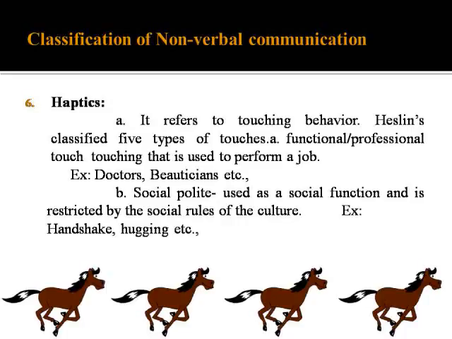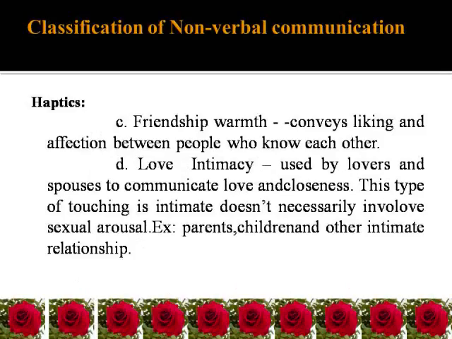Heslin classified five types of touches. A functional, professional touch: touching that is used to perform a job, for example doctors, beauticians, etc. Social polite touch, used as a social function and restricted by the social rules of the culture, for example handshake, hugging, etc. Friendship warmth, conveys liking and affection between people who know each other.